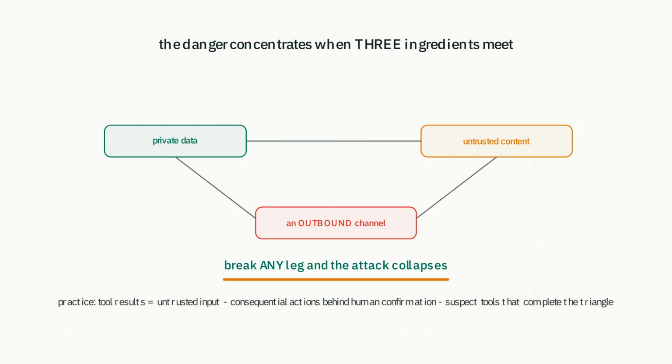In your host configuration, keep consequential actions, sending, deleting, paying, publishing, behind human confirmation. And be deeply suspicious of tool combinations that complete the trifecta. A server that reads your documents and fetches arbitrary web pages and can post outbound is not three features. It's one assembled weapon waiting for a target.